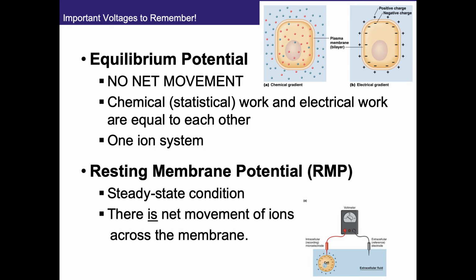Now, normally, and I will give you this on the exam, when you look at the total conductance, and I'm going to use GT, that's the total conductance, typically with a cell at rest, 90% of the total conductance is due to potassium. 10% is due to sodium.